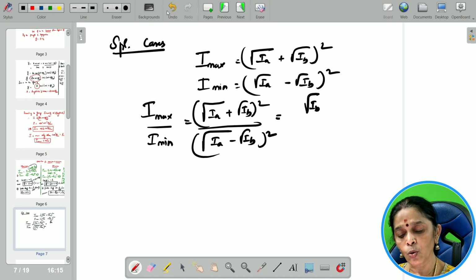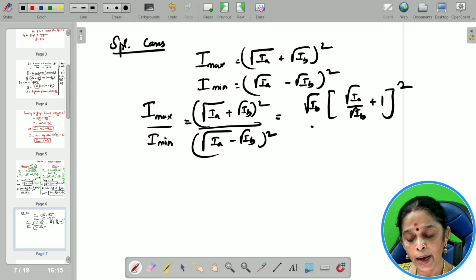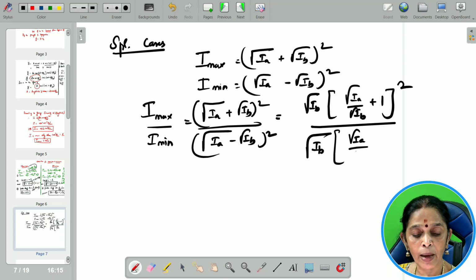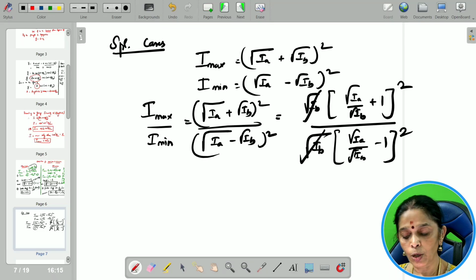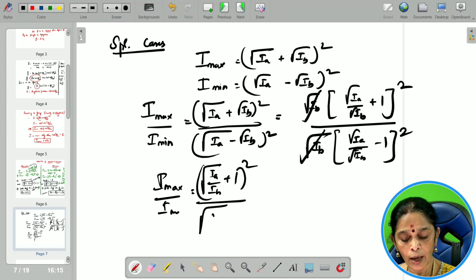So when you take out root IB, it becomes (root of IA by IB plus 1) the whole square by, similarly here also, root IB you take out, (root of IA by IB minus 1) the whole square. Root IB gets cancelled. So therefore, I max by I minima is equal to (square root of IA by IB plus 1) the whole square by (square root of IA by IB minus 1) the whole square.